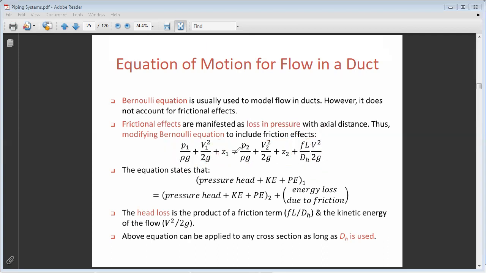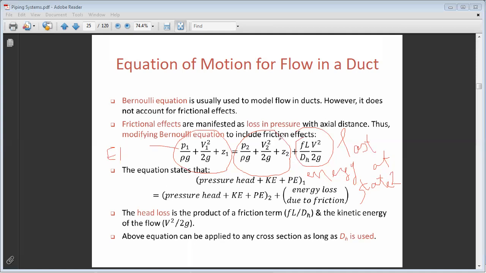And to account for this, I will say that the energy at state 1 will be divided to a part that is lost, so this is the lost part, plus the energy at state 2. So this is the energy at state 2, and this is the energy at state 1.